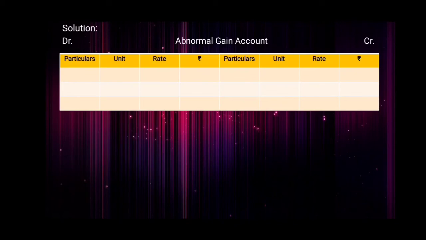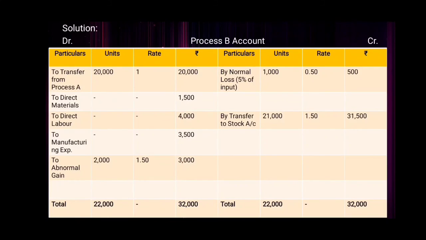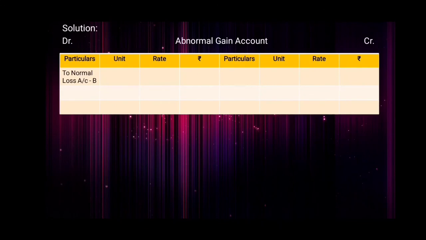Now let us prepare abnormal gain account. So to abnormal gain, 2,000 units is given at the rate of 1.50, and normal loss, unit is given as 1000 at the rate of 0.50. So we'll record the normal loss on the debit side. To normal loss account from process B, unit is 1000 at the rate of 0.50, total amount being 500.